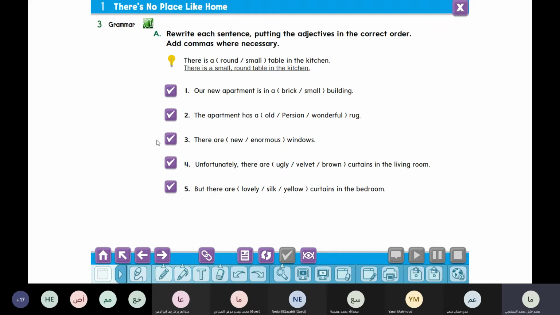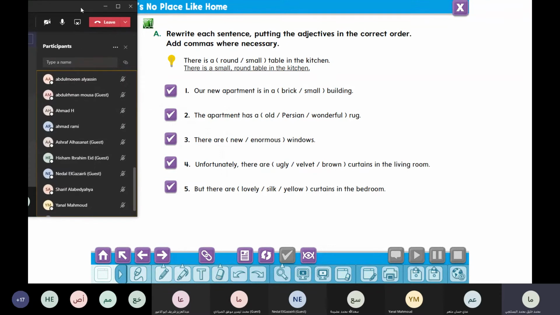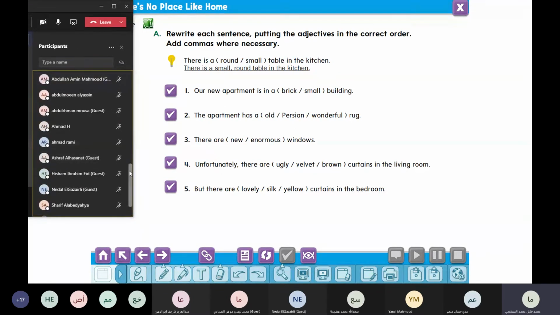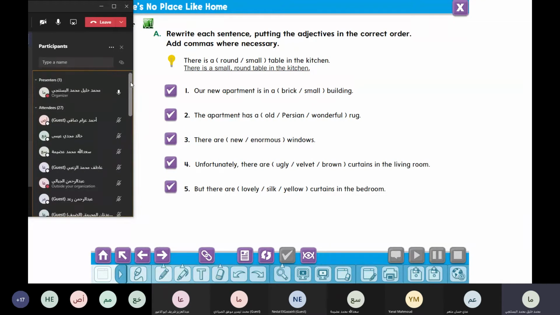There is a round, small table in the kitchen. There is a small round table in the kitchen. This is the correct order for the adjectives. Number 1, who can try? Who can arrange the adjectives according to the category which we studied before?